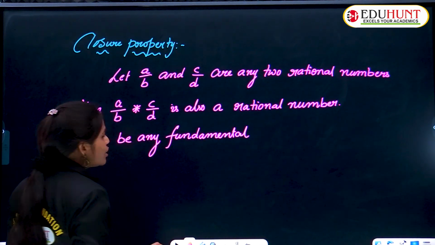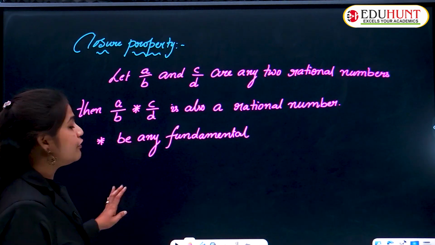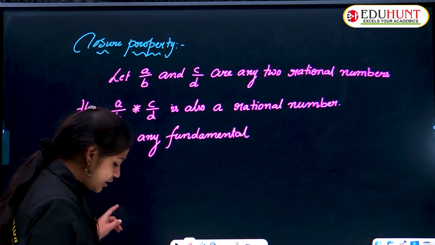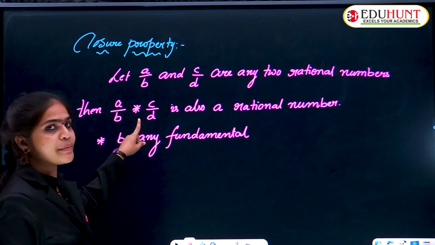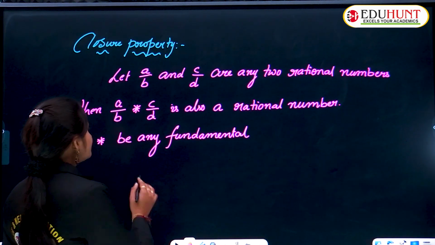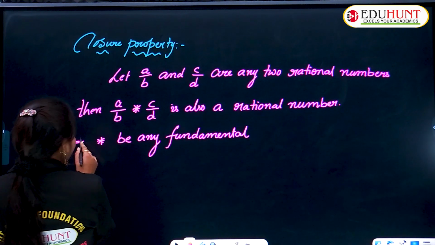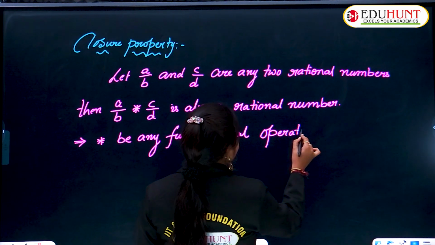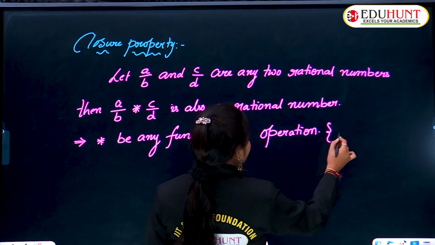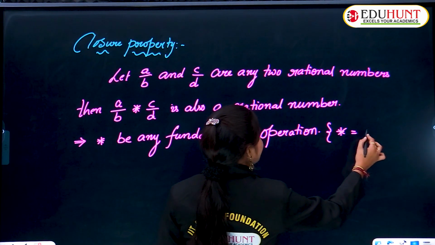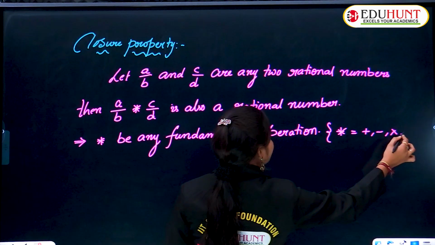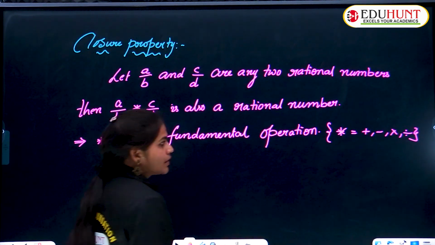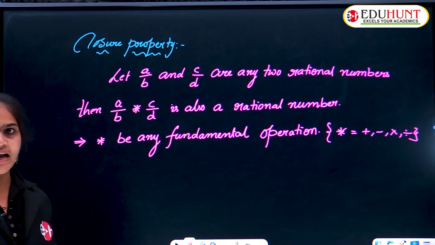So at the place of star we have to apply the 4 fundamental operations: addition, subtraction, multiplication, division. Clear ma? Those 4 symbols also we have to apply.